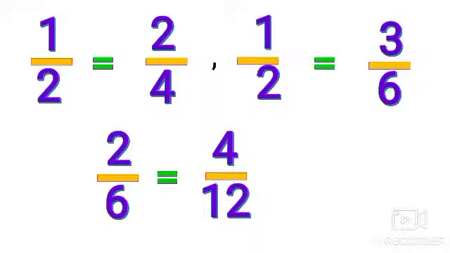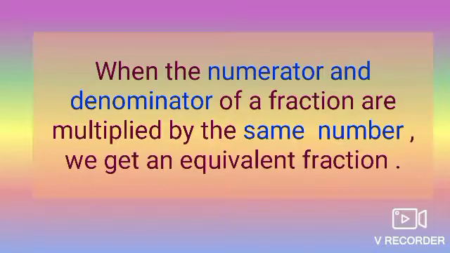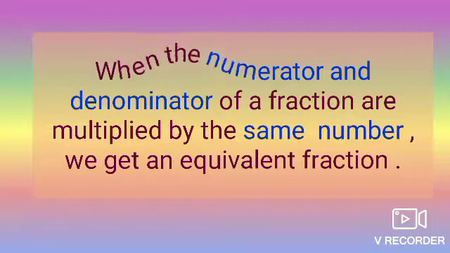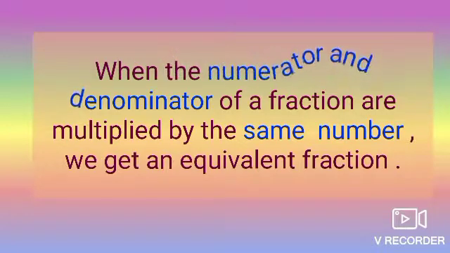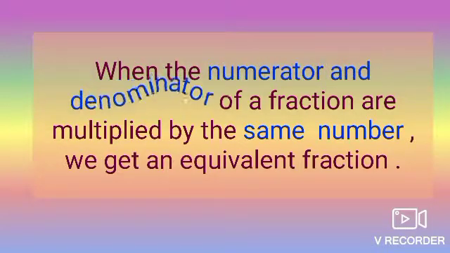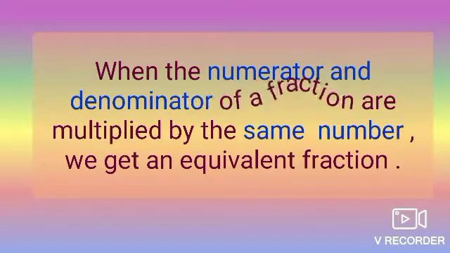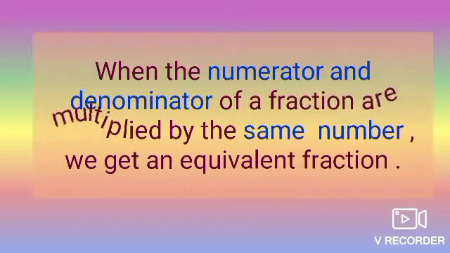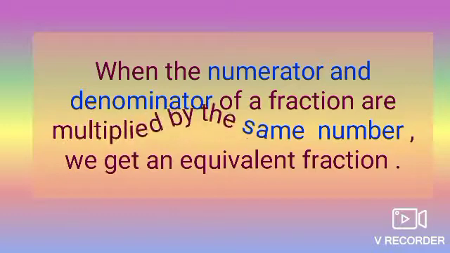After multiplying with the same number, we get an equivalent fraction. So the rule is, when the numerator and denominator of a fraction are multiplied by the same number, we get an equivalent fraction. Again, this definition is very important, student.